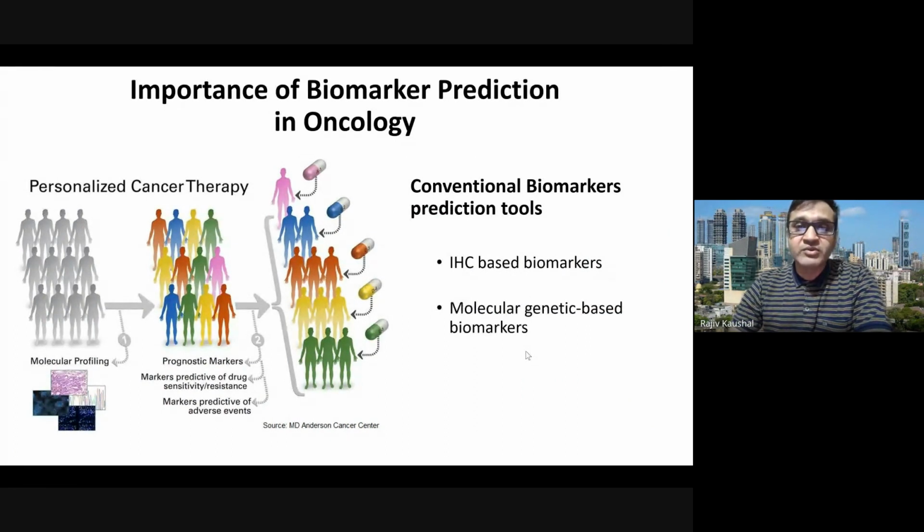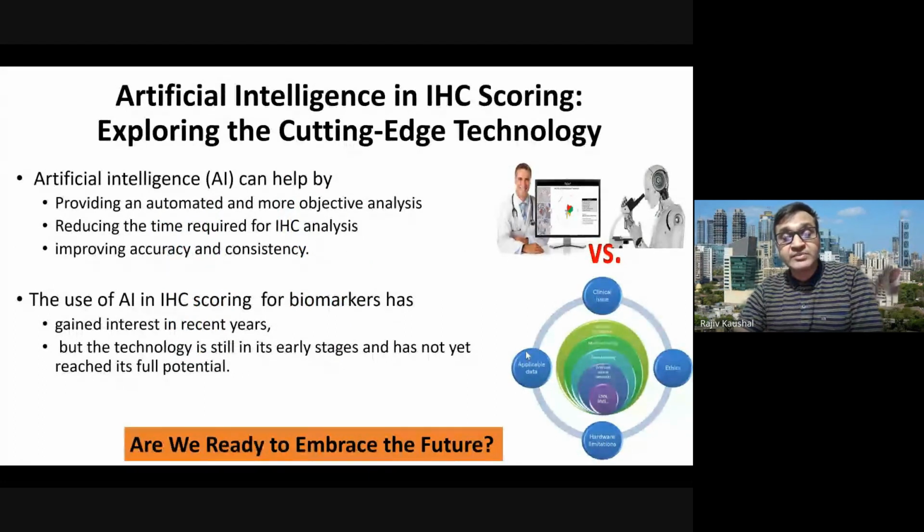which is required in this era of precision oncology. IHC based biomarkers or molecular based biomarkers are commonly used. I'll discuss some of the IHC based biomarkers, where AI is taking a very promising role, because they are based on objective criteria.